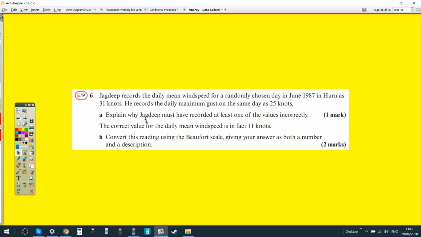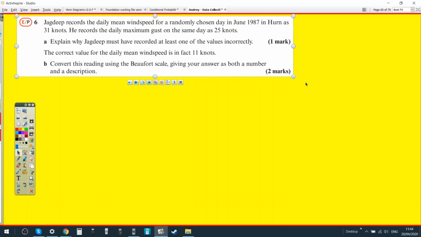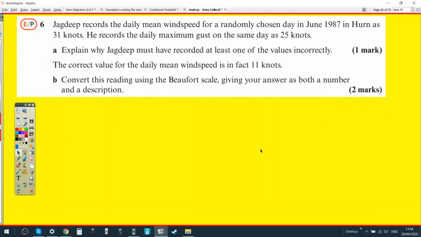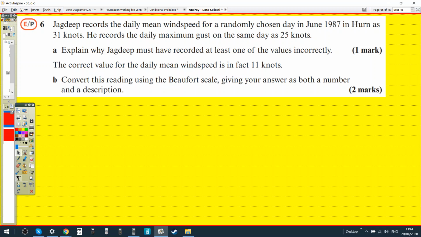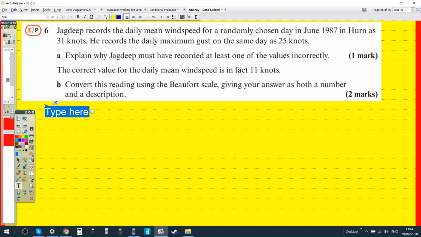Let's see this one. Check deep. Well, it must have been incorrect because you can't have the daily mean wind speed for randomly chosen days.